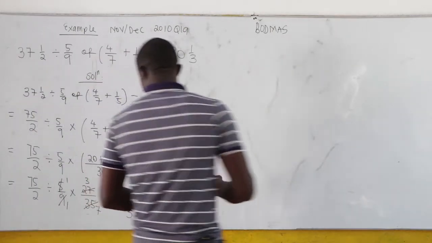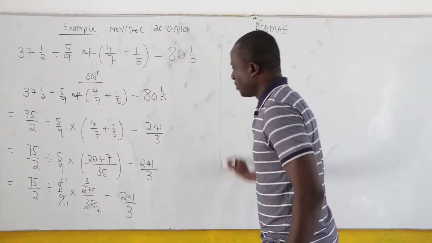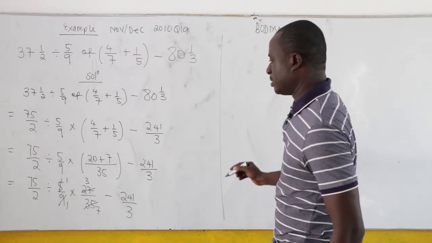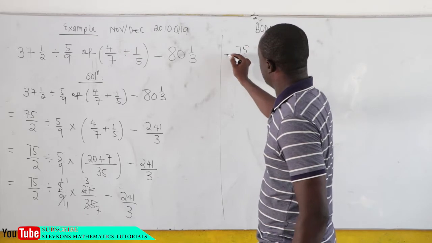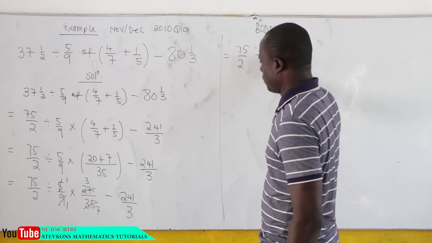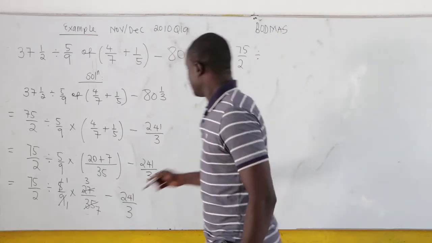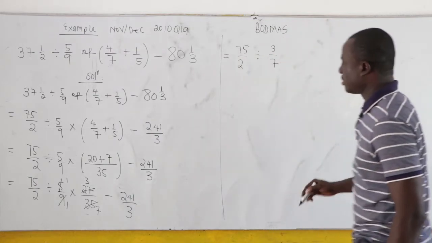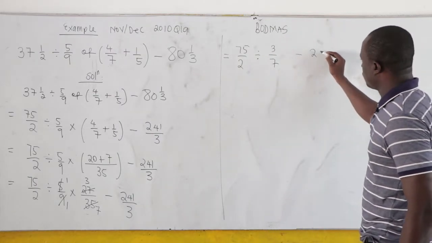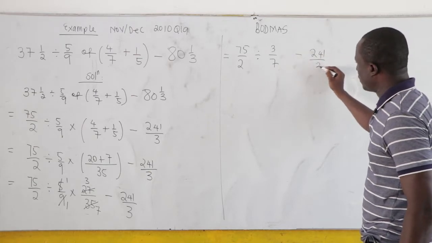So from here, what do we have? We have 75 over 2 divided by 3 over 7 minus 241 all over 3.